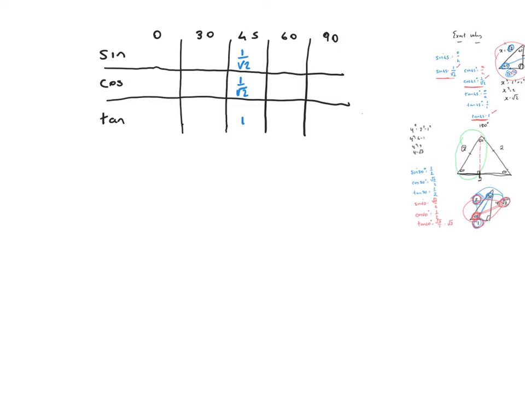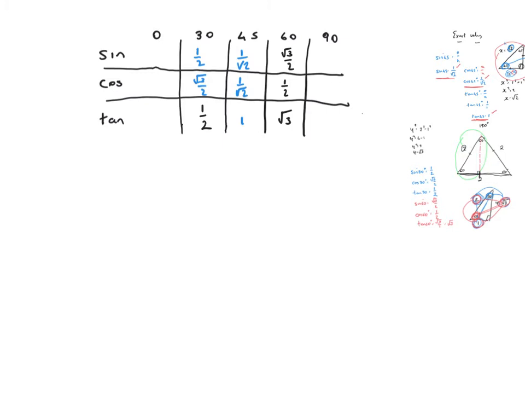We then found the 30s, so sine 30 was 1 over 2, cos 30 was root 3 over 2, and tan 30 was 1 over root 3. Okay, then we found the 60s, so sine 60 was root 3 over 2, cos 60 was 1 over 2, and tan 60 was root 3.